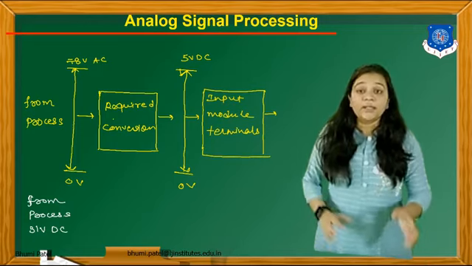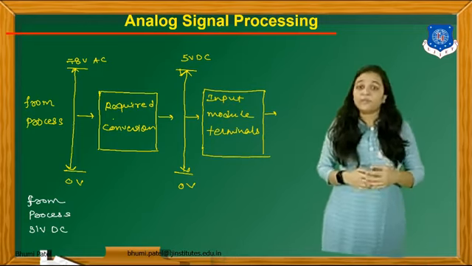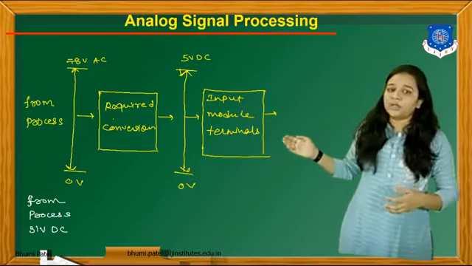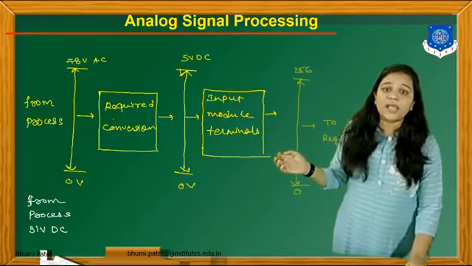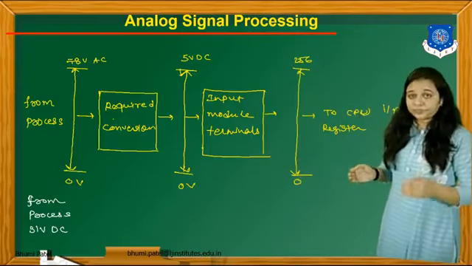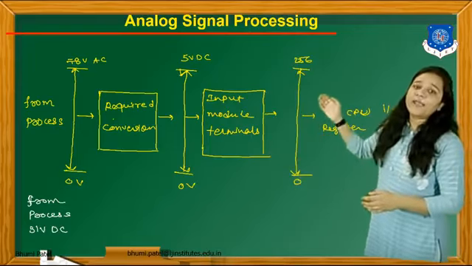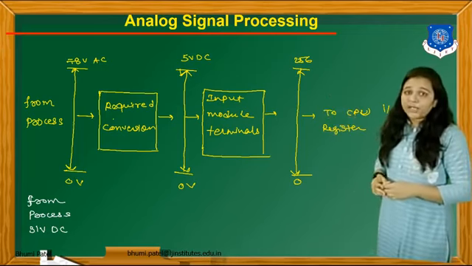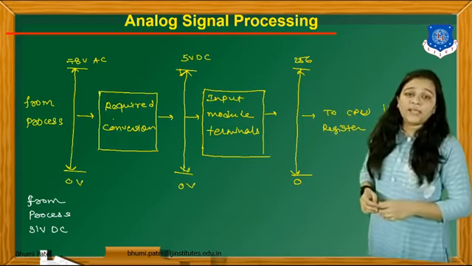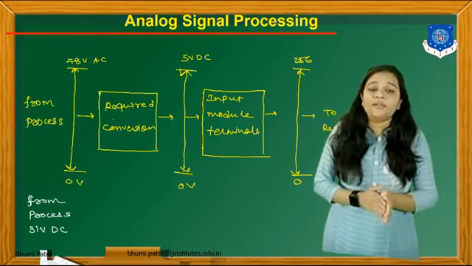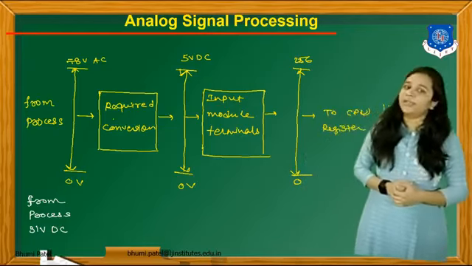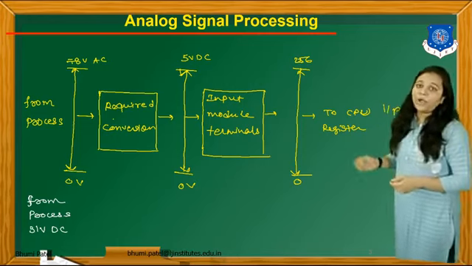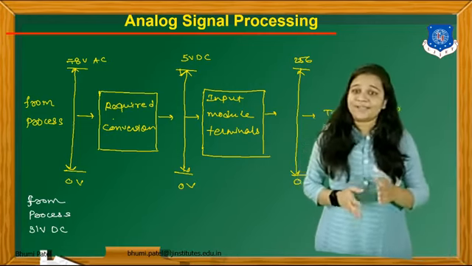After that, whatever conversion is there, we can connect to the input module terminals, and then we can convert this 0 to 5 volt DC voltage to 0 to 256 bit, because the CPU only understands binary numbers. So this goes to the CPU input register. The first process is like that.